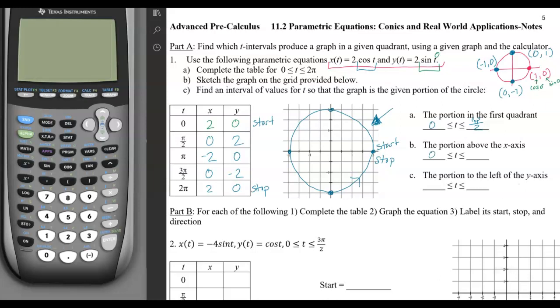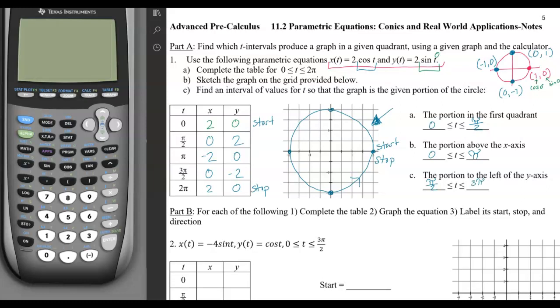Yep, 0 to pi. And lastly, the portion to the left of the y-axis. Yes, pi over 2 to 3 pi over 2.